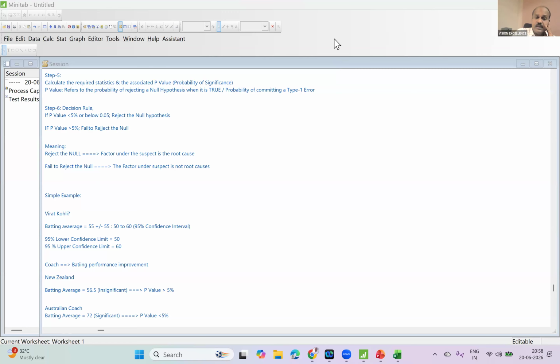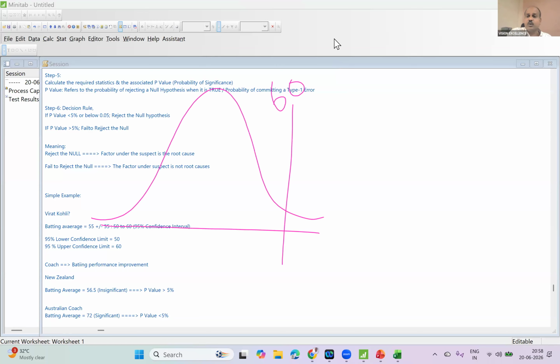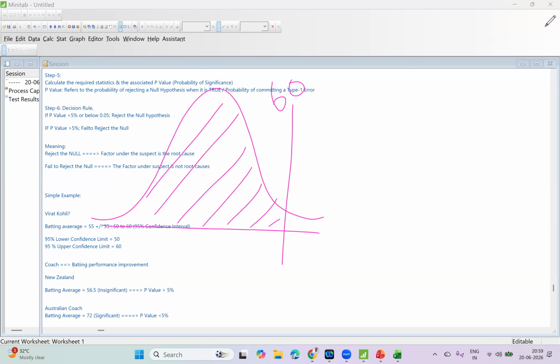Okay. Now I'll help you better understand this. I'm just drawing the bell curve of Kohli. Now I'm interested in considering only the upper confidence limit. What is the upper confidence limit of Kohli? 60. And let us assume that in 95% of the matches, his batting average is found to be 50 to 60.